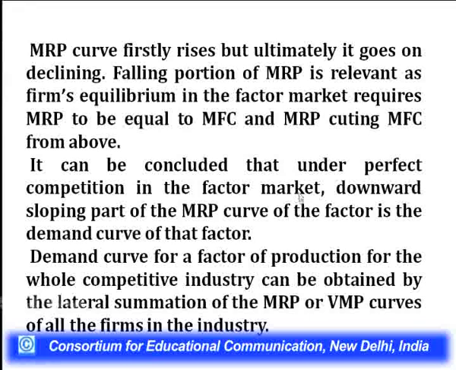So under perfect competition, the downward sloping part of the MRP curve of the factor is the demand curve for that factor. The demand curve for a factor of production for the whole competitive industry can be obtained by the lateral summation of the MRP or VMP curves of all the firms in the industry.